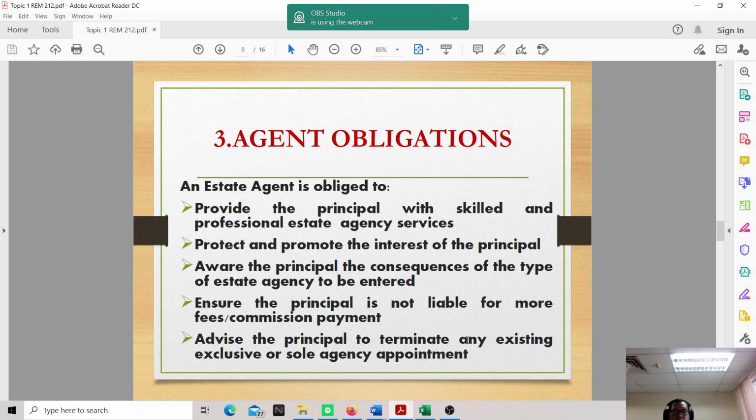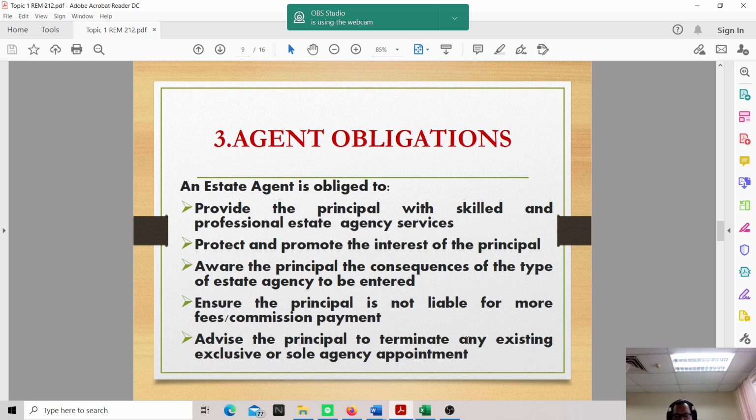Let's say suddenly the principal doesn't want to pay the commission fee. If you didn't have any written documents, this always happens because it's people.